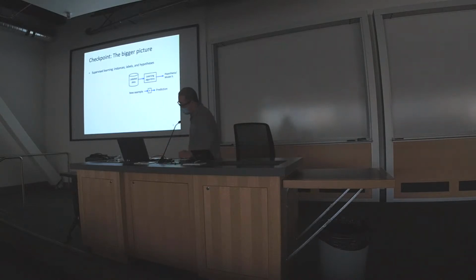And how do we conduct supervised learning? We prepare a set of labeled data, right? Typically, pairs of instances and their labels. Then we feed this data into some learning algorithm. In other words, this data guides the search of the learning algorithm over the hypothesis space.